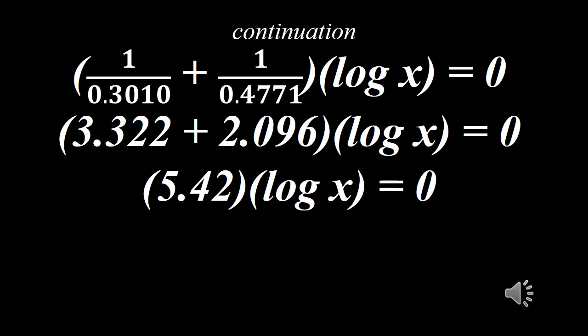Okay. Now if you divide 1 by log 2, 0.3010, you get 3.322, plus 1 divided by 0.4771 will give us 2.096, multiplied by log x equals 0. So if you add these two together, you get 5.42 multiplied by log x equals 0.